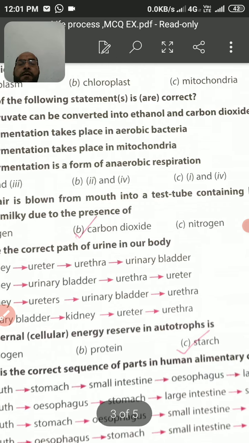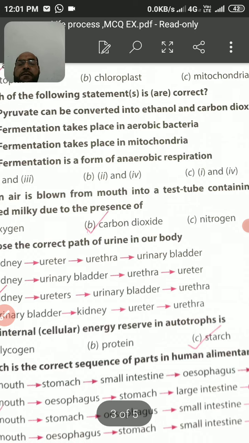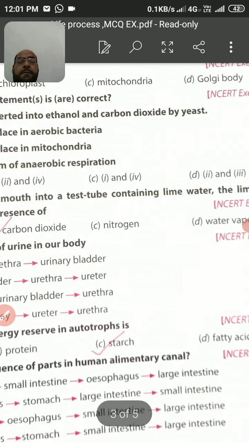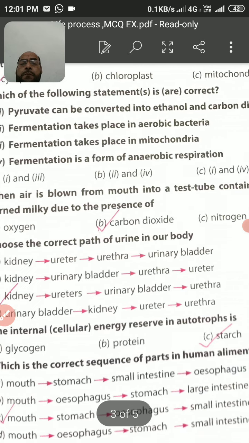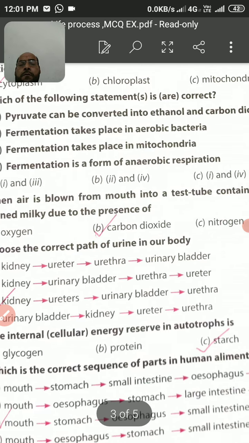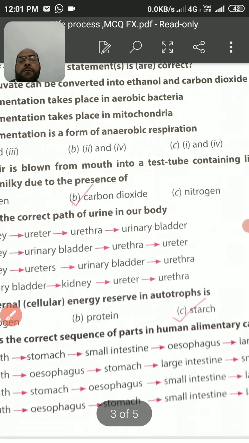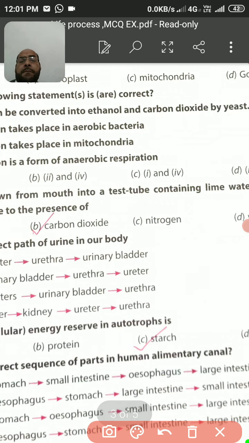Fermentation is a form of anaerobic respiration. This is correct. So first and 4 is correct, and the answer will be first and 4. So you have to tick the answer first and 4. This one. First and 4 will be the correct answer.